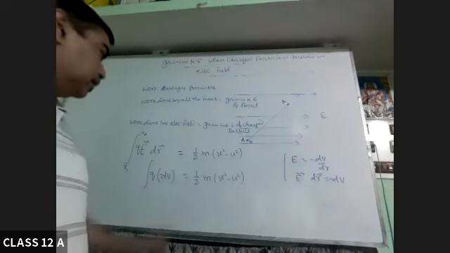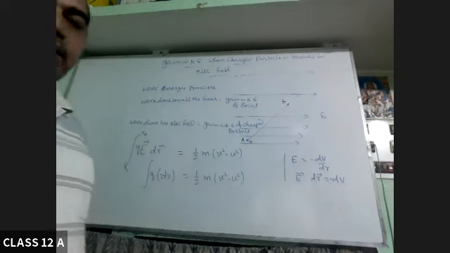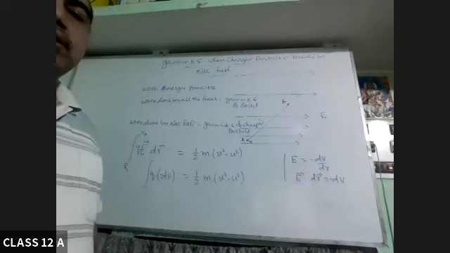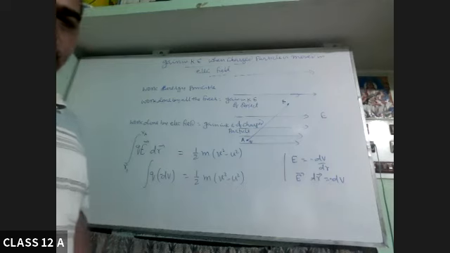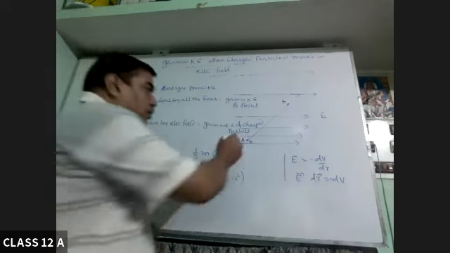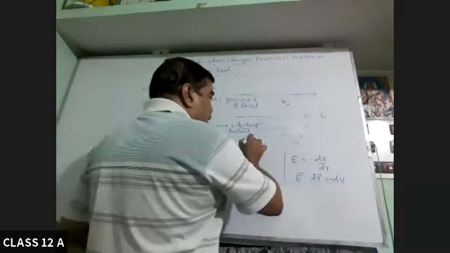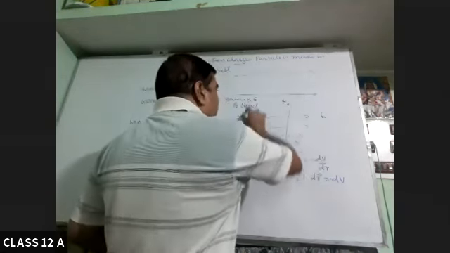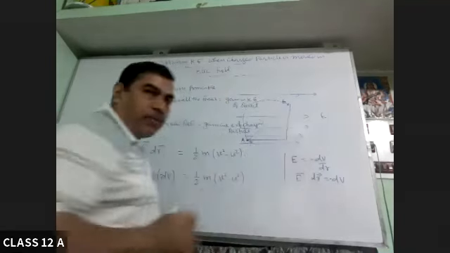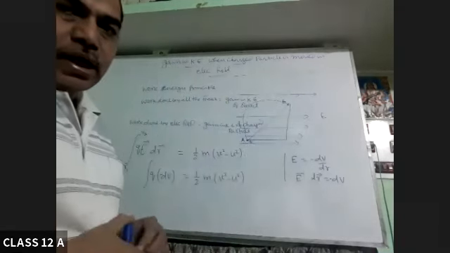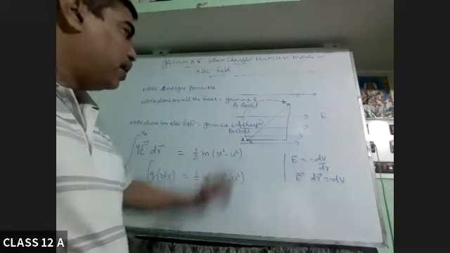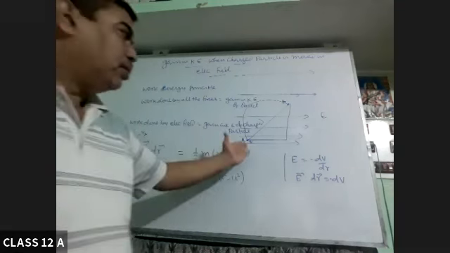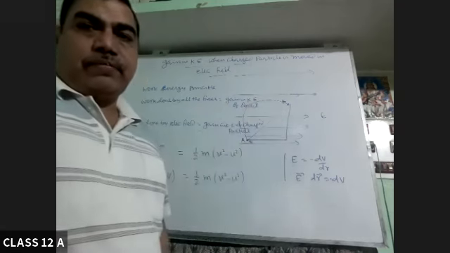Now, as this electric field is a conservative force, it does not depend on the path followed. Whether you are going A to B in this way, or first this way and after that like this, or this way and then this way, no problem. As it is a conservative force, the integration of dV will be V2 minus V1.